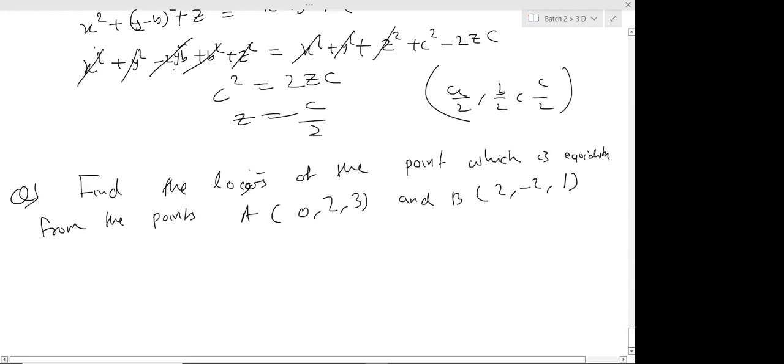Locus here means you just have to find the equation in x, y, and z. Equidistance means assume the point as (x, y, z), and whatever equation you get from the condition is the locus. Try to solve this.